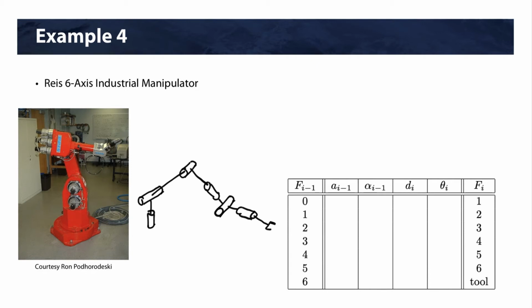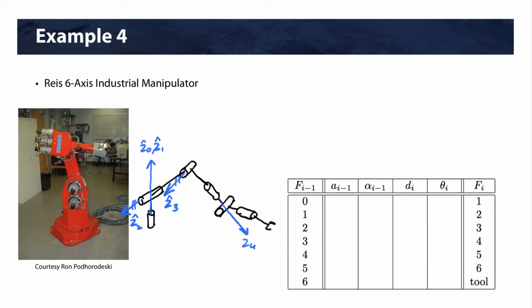We can draw some joint axes in. So this would be Z0 and Z1. This would be Z2. This would be Z3, and these two are always parallel to each other, Z2 and Z3.